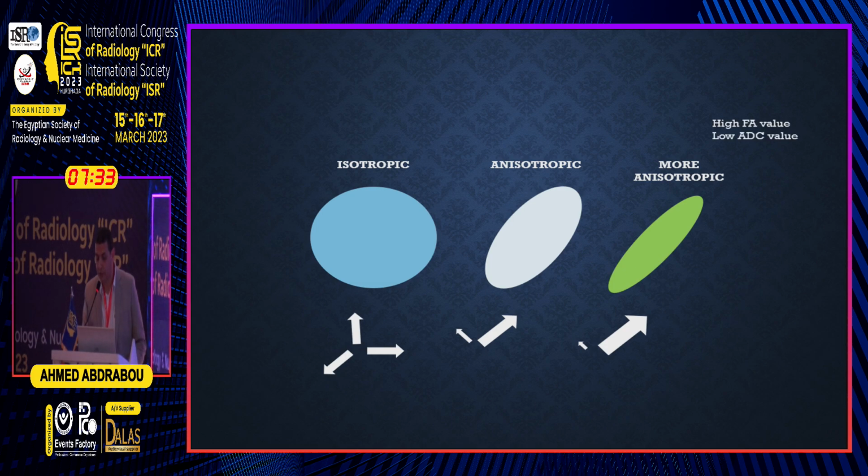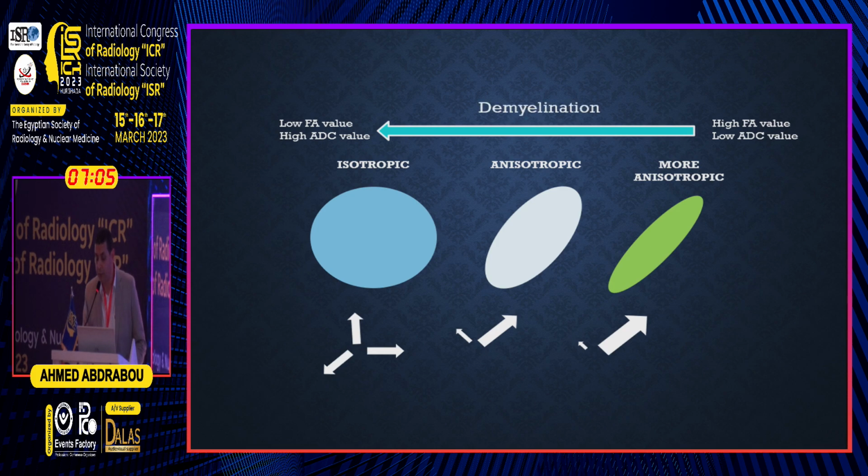And we know that this anisotropy has a high fractional anisotropy value and low ADC value, which is normal for the nerve fibers, while in case of isotropic diffusion, there is low FA value and high ADC value, okay? And we know that the nerve fiber which changes from anisotropy to isotropy is abnormal. And this occurs with certain diseases, like, for example, demyelination.